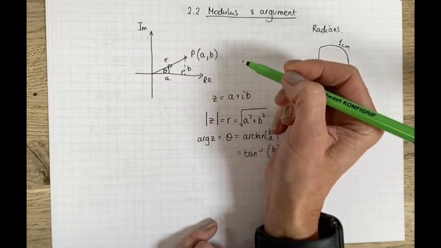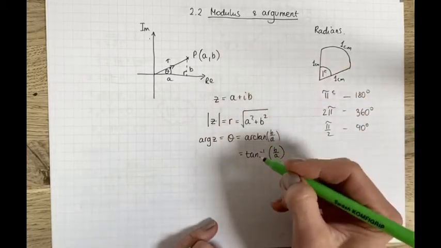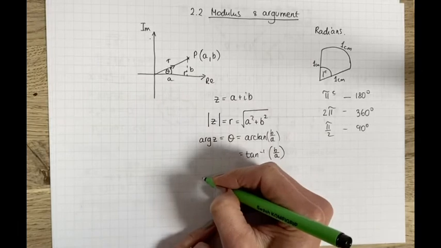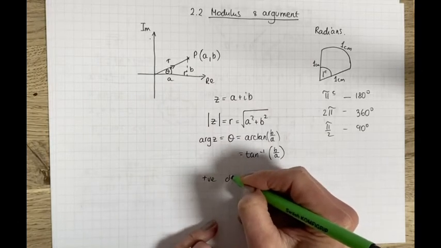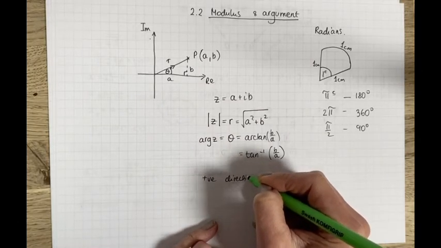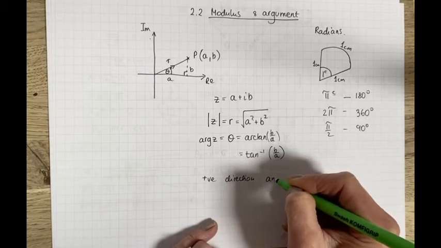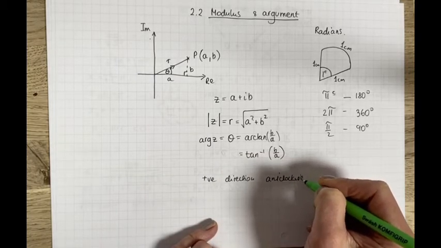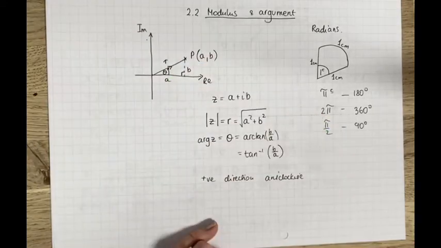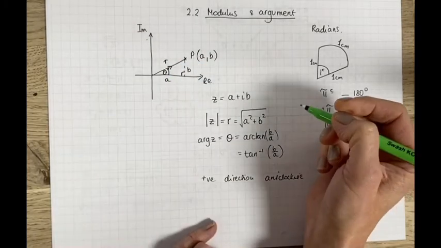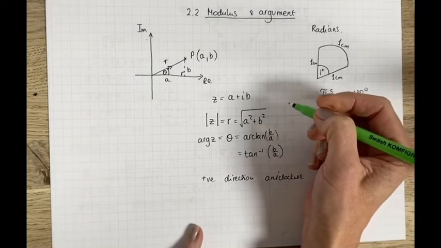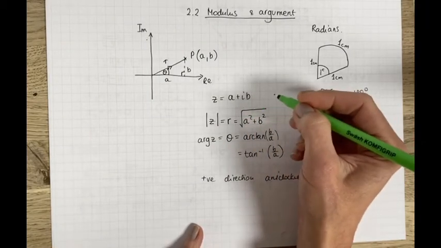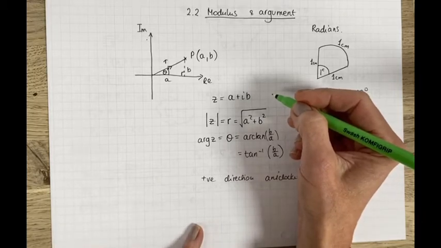As a convention, the positive direction for this angle is anti-clockwise, and measured clockwise would be the negative direction, depending on whether your argument is between 0 and 2 pi, or between minus pi and pi.